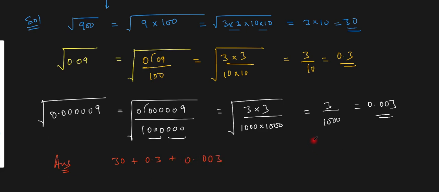So if you add 30.000 with 0.300, 0.003, what you'll have, you will have 30.303. So the complete answer is 30.303. So this is your answer, and this is all for the day.